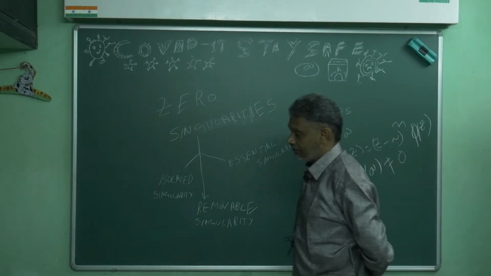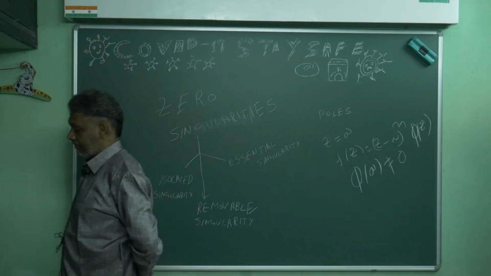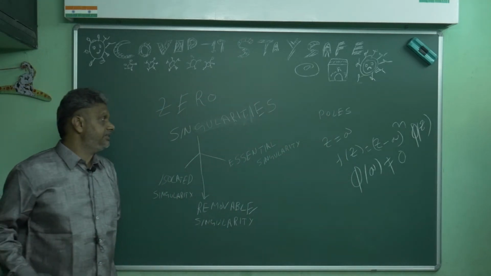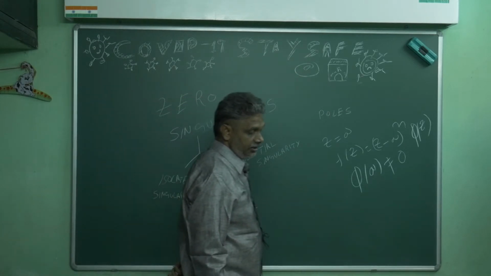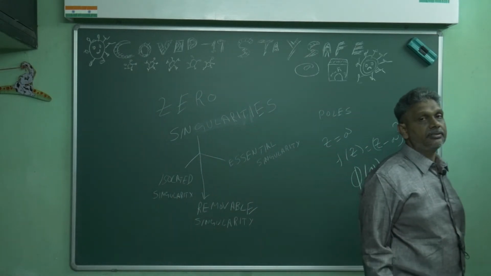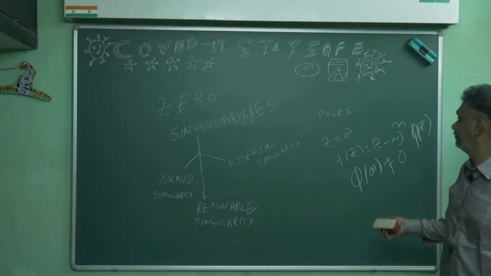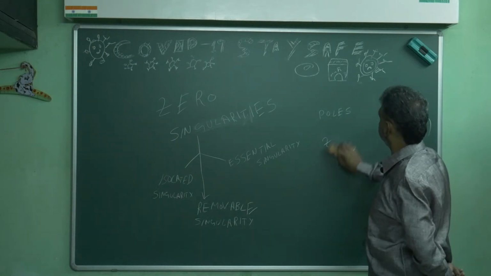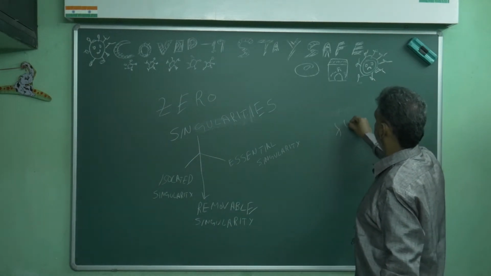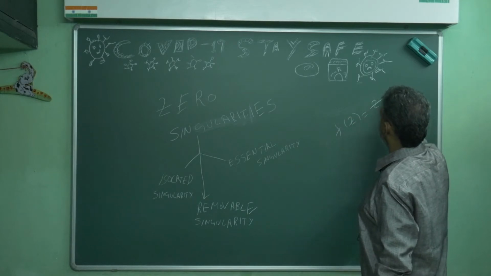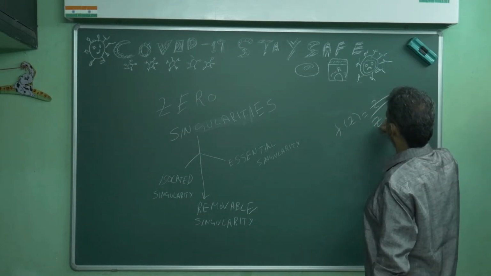In complex analysis, if you want to study an analytic function, you deal with singular points. A point where the function is not analytic is called a singular point. Suppose f of z is equal to 1 by z minus 1.